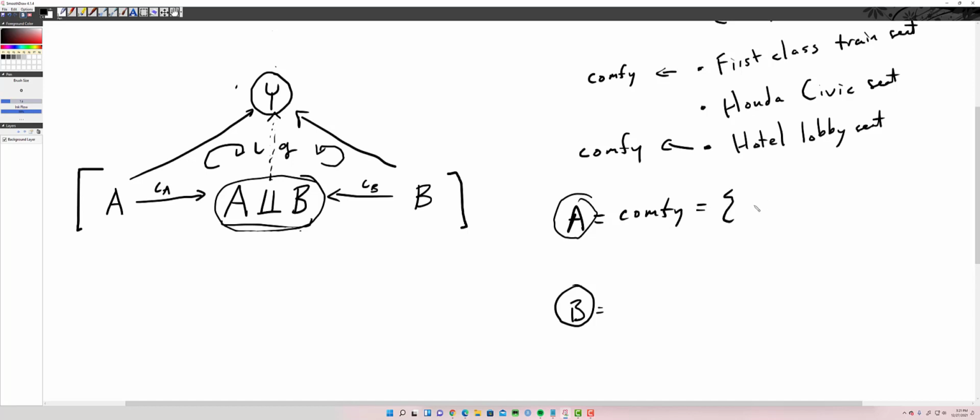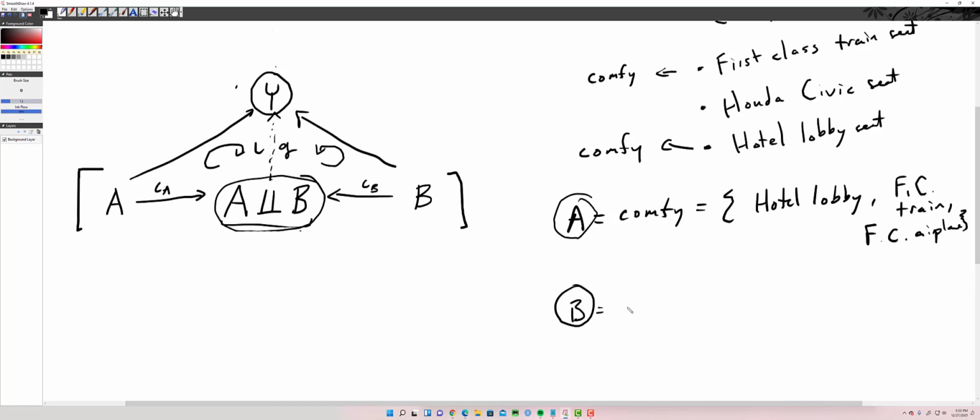These are going to be the hotel lobby seat, the first class train seat, and the first class airplane seat. Right? And in each of these we have that these are comfy. So you'd have a pair that says that these are comfy, and that it includes the hotel lobby seat, the first class train seat, and the first class airplane seat.